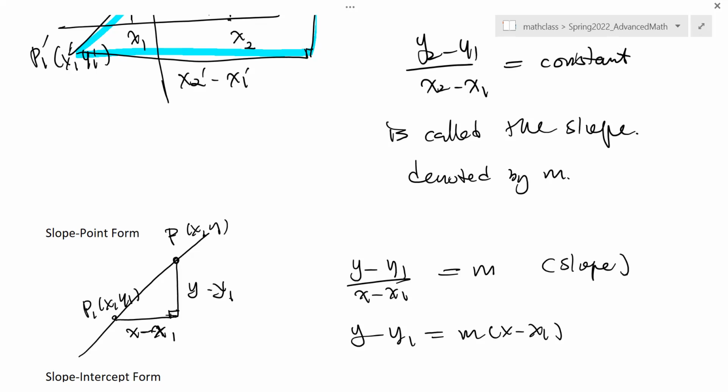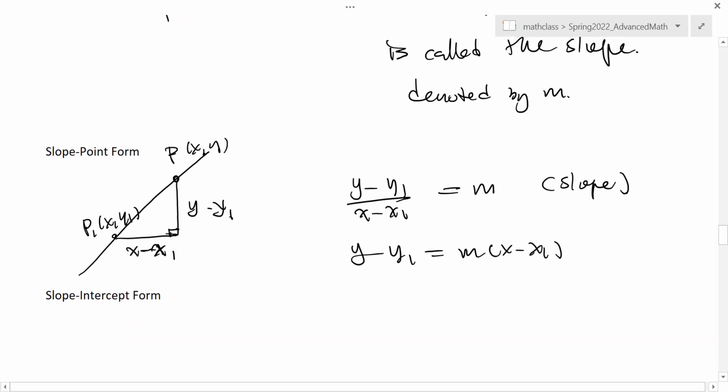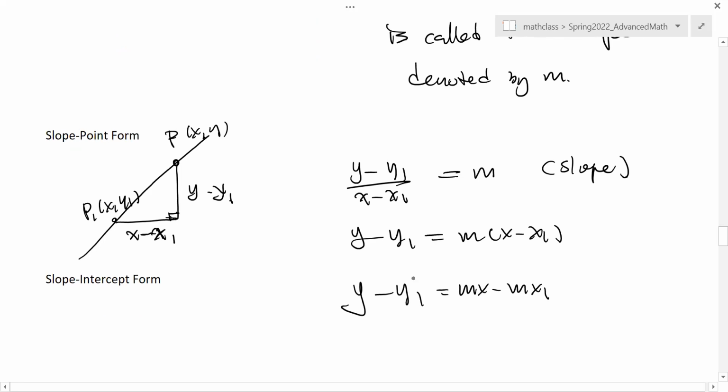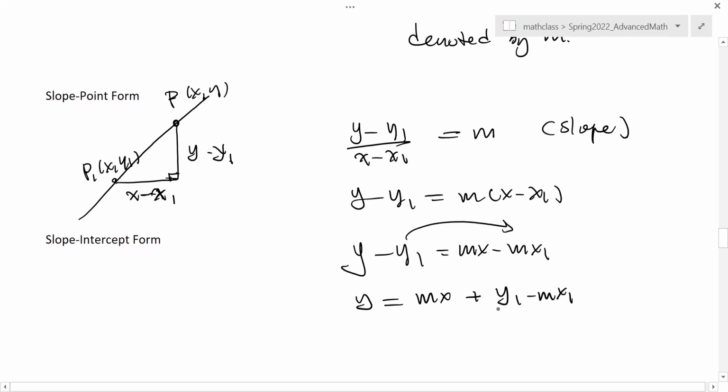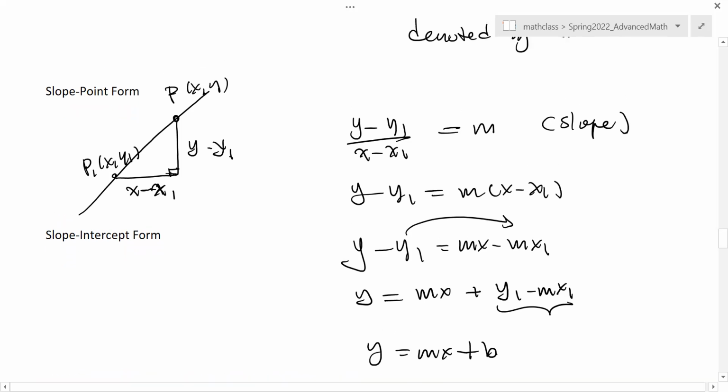Okay. And if you rewrite it, you can also multiply this out, like mx minus mx1. And I move this to the right-hand side. So I get mx plus y1 minus mx1, and this is a number, right? So y equals mx plus b. This is called the slope-intercept form. That's 2 forms here.